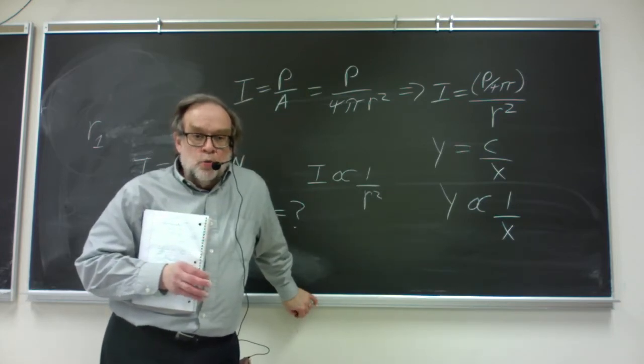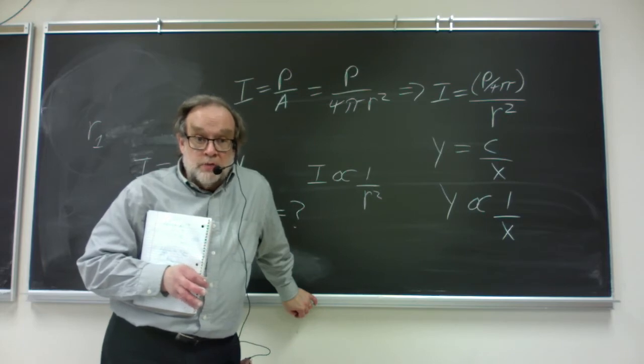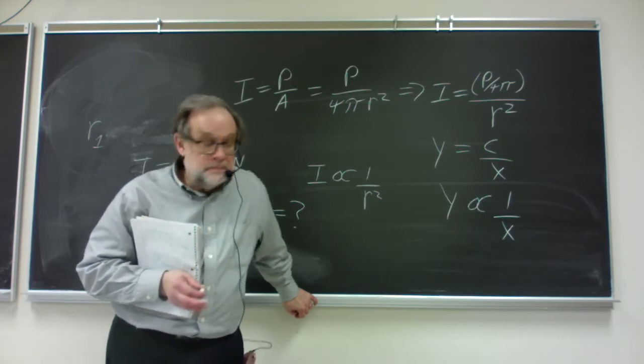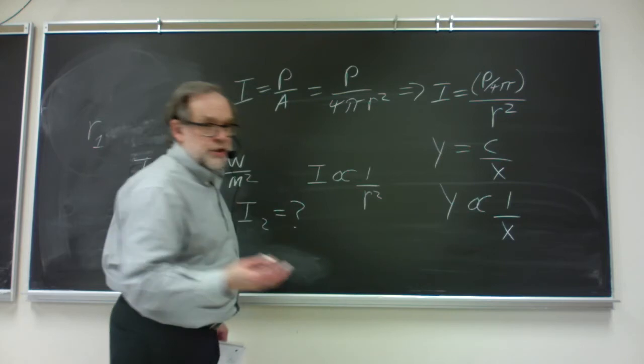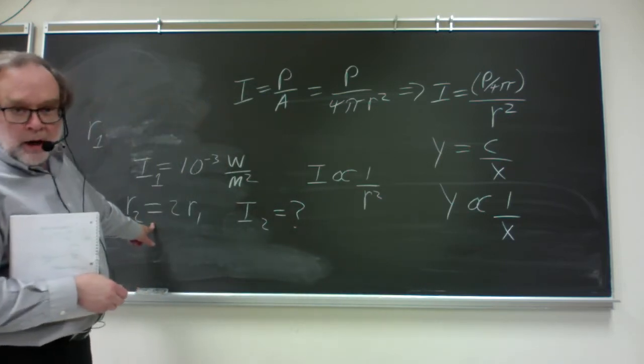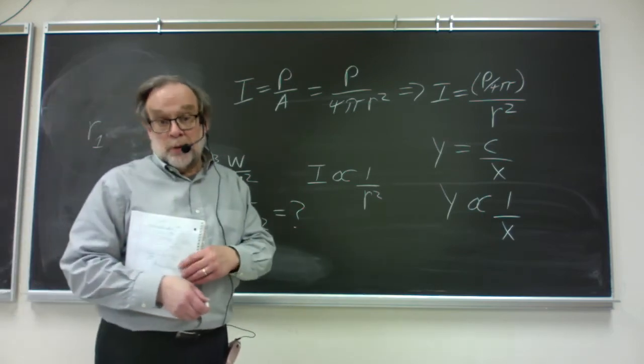So intensity is inversely proportional to r squared. So when r squared changes by some factor, intensity changes by the inverse factor. In this case, how does r squared change? Well, we have to figure that out. We know how r changes. From that, we can figure out how r squared changes.